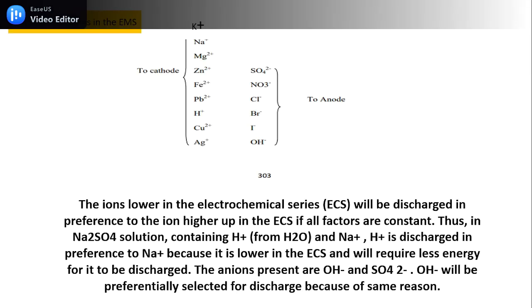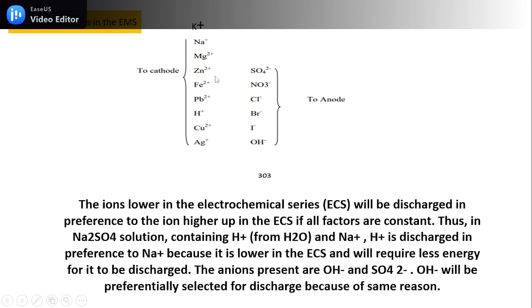You notice that there are positive and negative ions here. So what do we have here? Thus, in Na2SO4 solution containing H plus from H2O, H plus is discharged in preference to Na plus. What this indicates is that the ions lower in the electrochemical series will be discharged in preference to the ions higher up in the electrochemical series if all factors are constant.